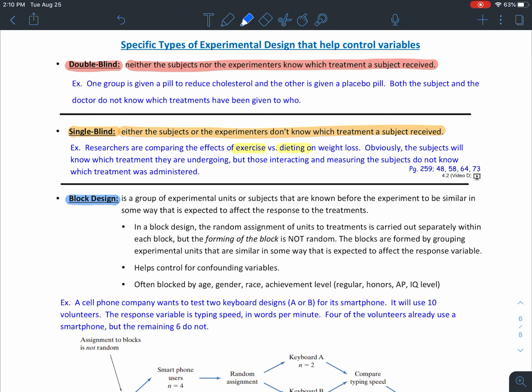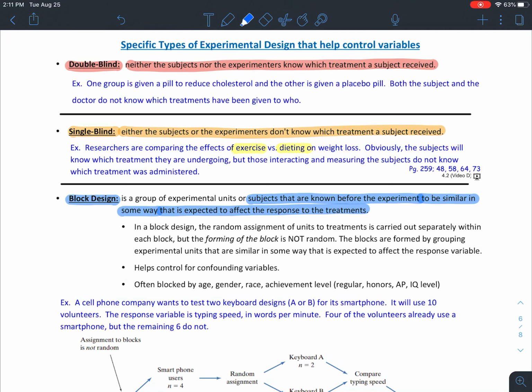A block design is when you have a group of subjects or units and you know what group you're dealing with before the experiment, and somehow that group of people, they're all similar in some way.